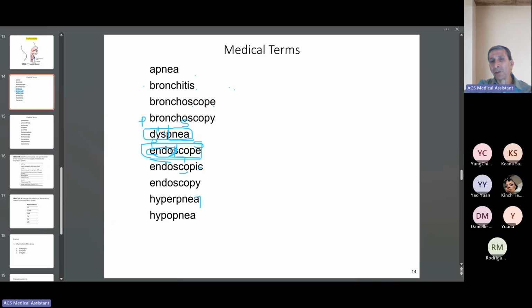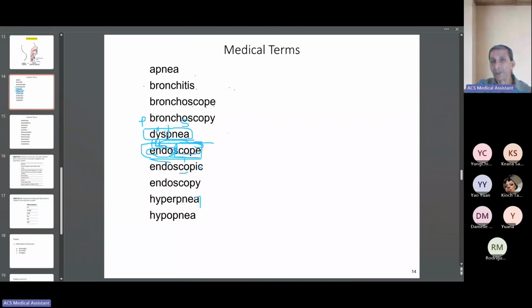Endoscope. What is an endoscope? This is an instrument that we're going to use to visualize something internally, to visualize something that is inside. We are looking inside something with this instrument. So endo means inside, within. I'm using this scope to check inside something. Here we are checking, bronchoscopy.